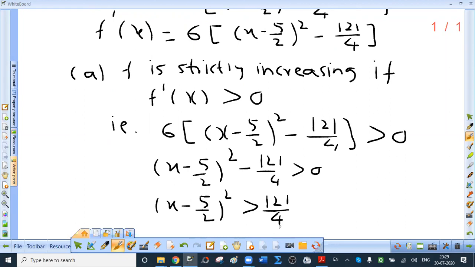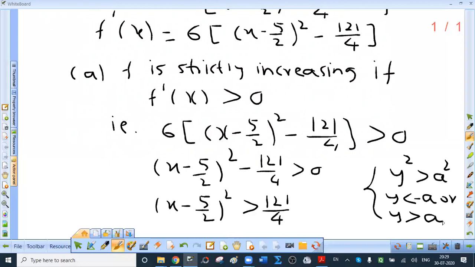Now here I will write how to solve this in general. I will say y square greater than a square means what? y less than minus a, or y greater than a.